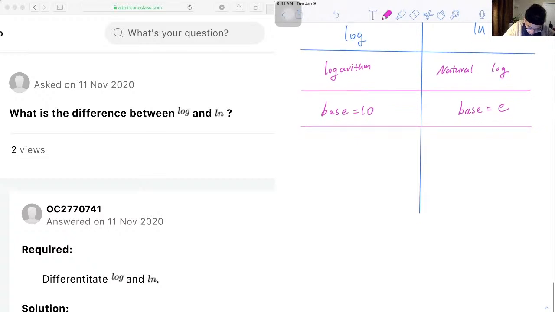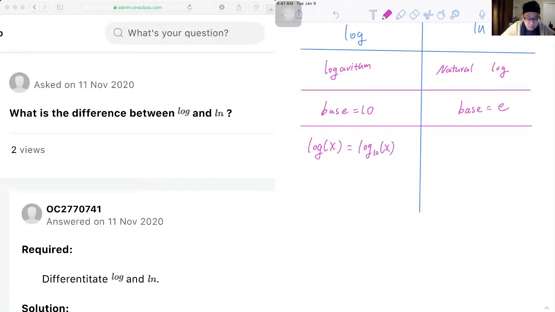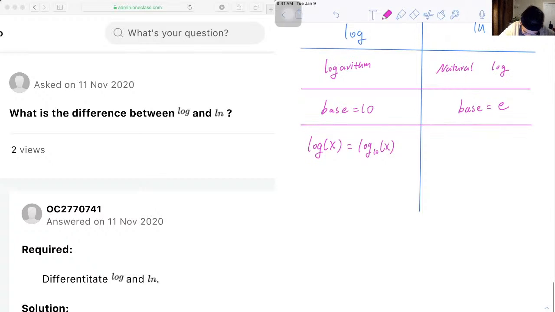Normally we don't write the base 10 out, so log x is actually equal to log with a base 10 of x. Okay, so that's the same thing. And similarly, ln x is just equal to log base e of x. That's the same thing as well.